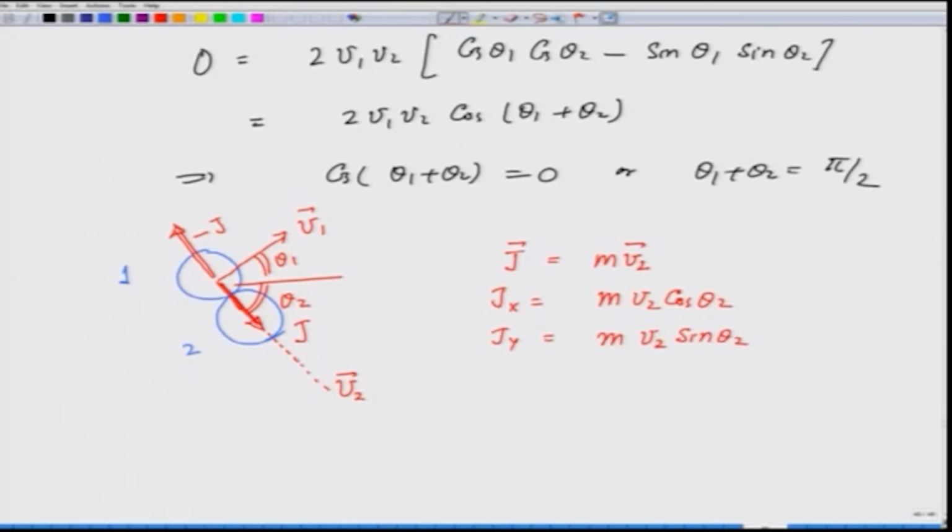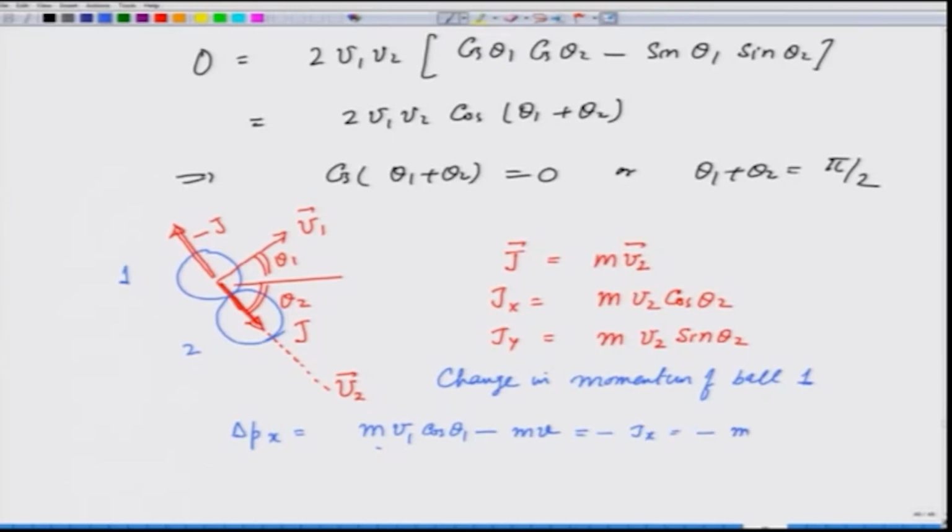The change in momentum of ball 1, delta Px, is going to be m V1 cosine of theta 1 minus m u. This is the x component of the momentum after the collision, m u is the initial x component of the momentum, and this is minus Jx, which is minus m V2 cosine of theta 2.